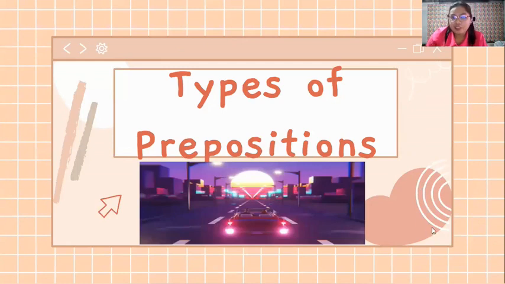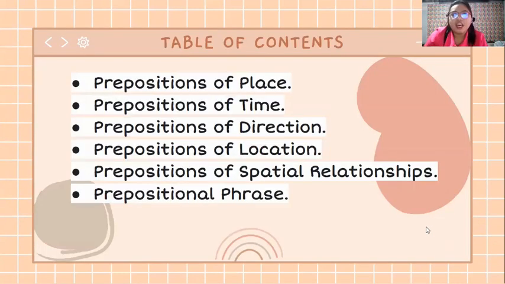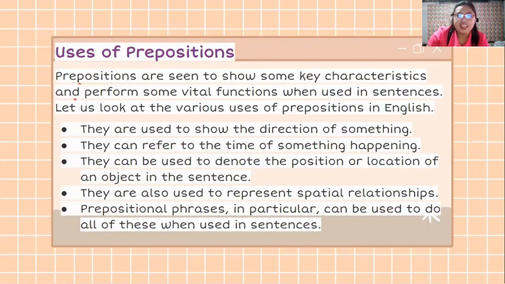We have different types of prepositions: prepositions of place, prepositions of time, prepositions of direction, prepositions of location, prepositions of spatial relationships, and prepositional phrases.